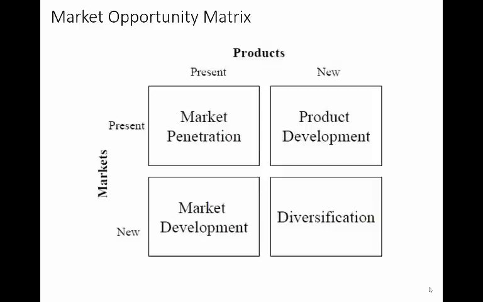The second quadrant is product development. And you can see here, looking at the matrix, that means that we are continuing to work with a target audience that we have been pursuing before, but we would do so with a new product.